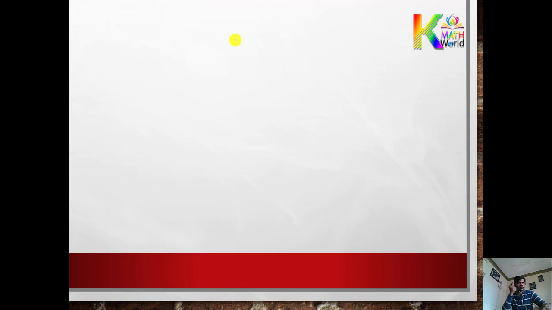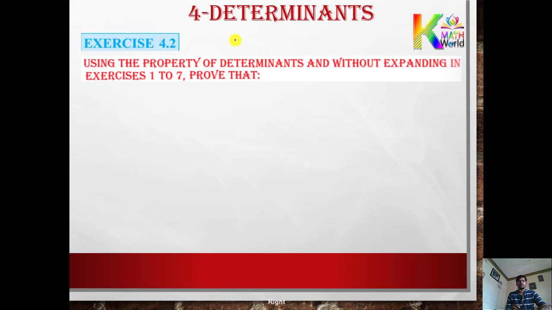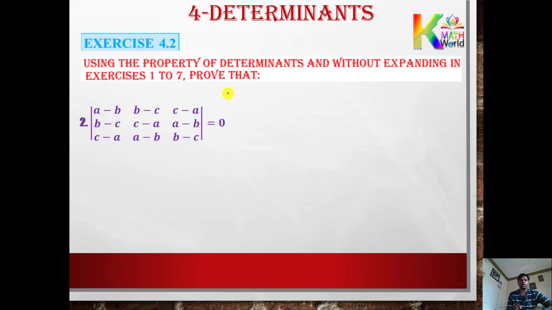Okay, next question. See the second example. Again you have to prove the answer is 0. As we discussed in the first question, if two rows or columns are identical, then the value of the determinant is 0.